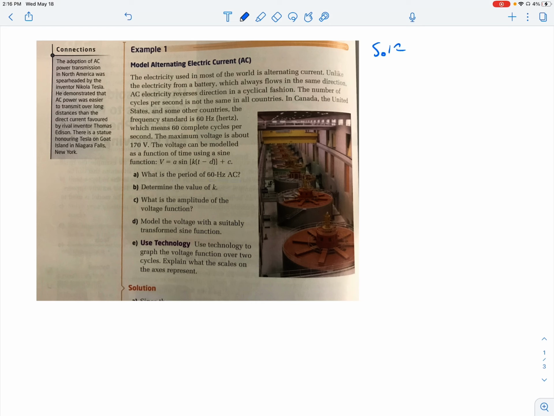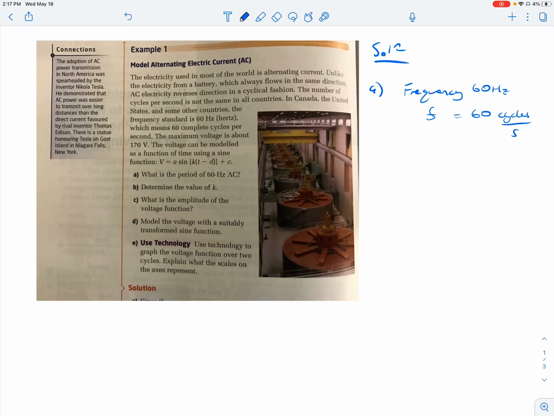So we can put our solution off to the side over here. We're looking for the K value for 60 hertz AC. So that's actually a frequency, 60 hertz, and that means it does 60 cycles per second. The symbol for frequency is this f here.